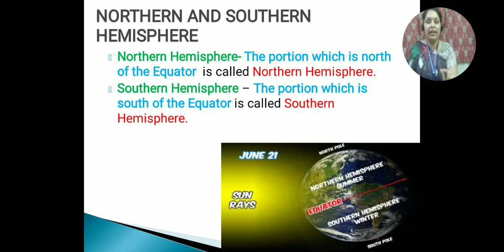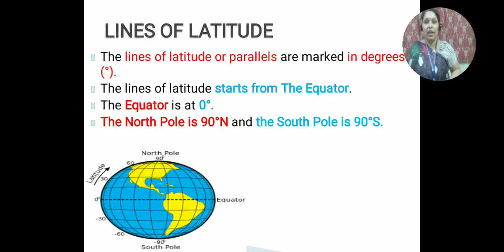The portion towards the north of the equator is the northern hemisphere, and the portion towards the south of the equator is called the southern hemisphere.